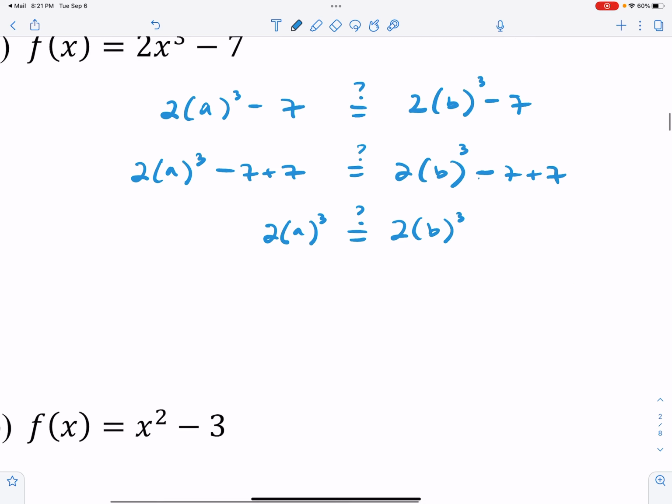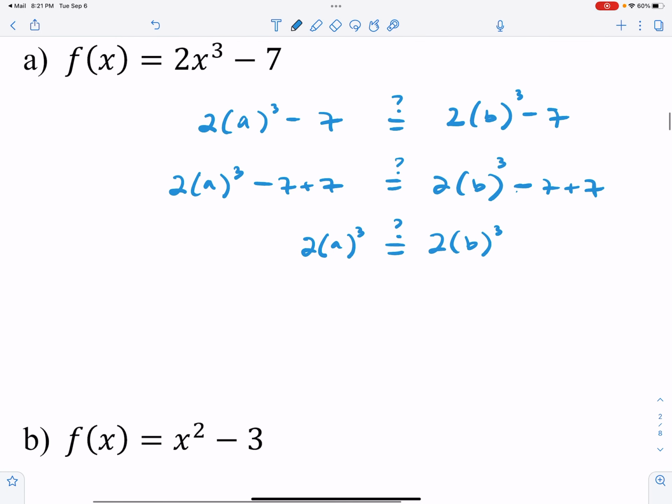If we divide by 2 on each side, using the multiplication property of equality, then we'll have a cubed on the left and b cubed on the right.